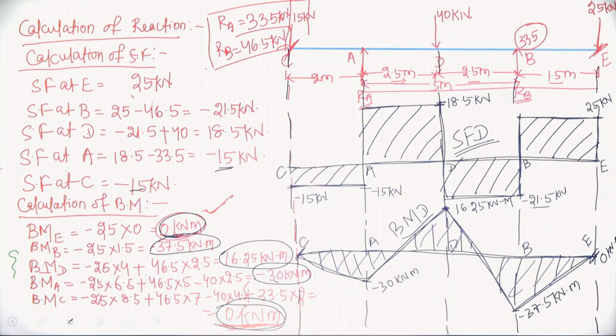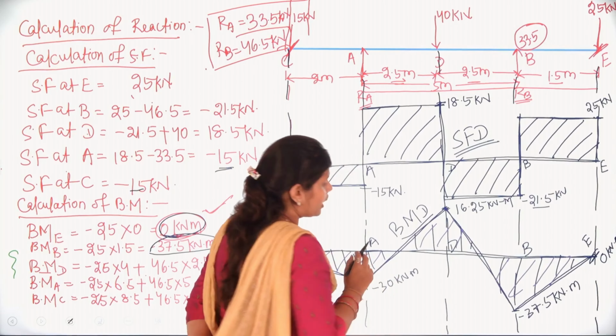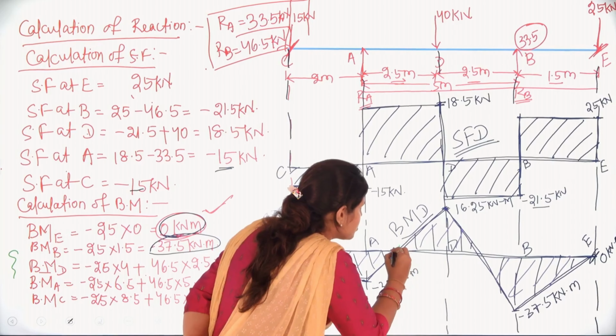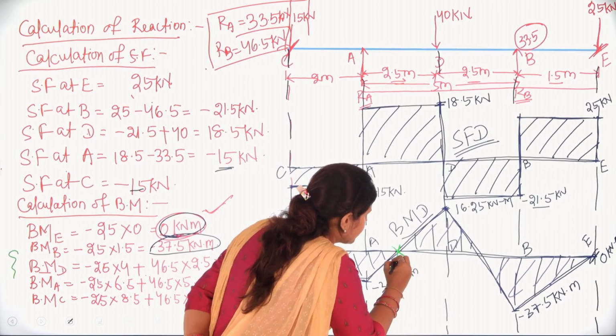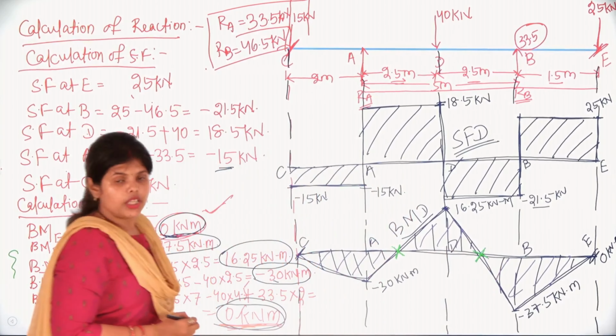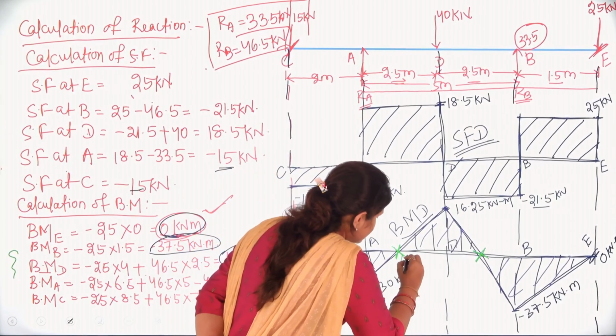You can see at this A to B we have 2 points where moment will be 0. First point is this and another one is here. These 2 points have moment as 0.